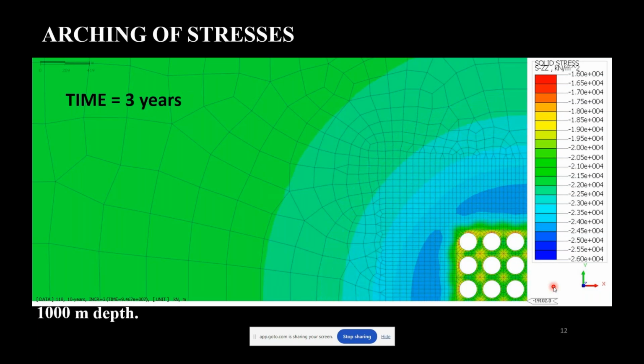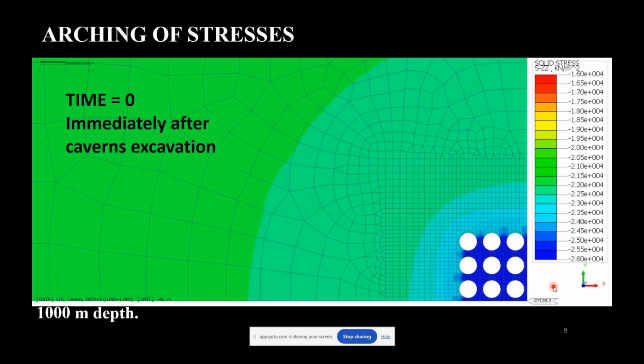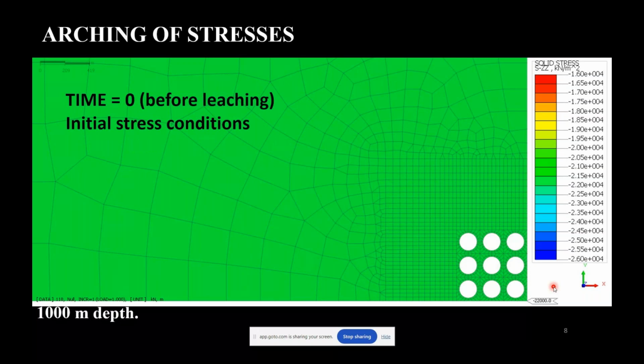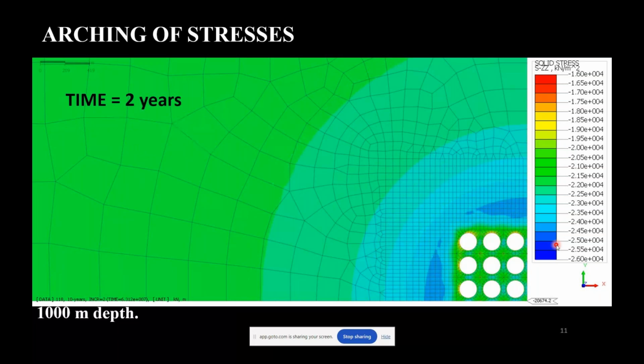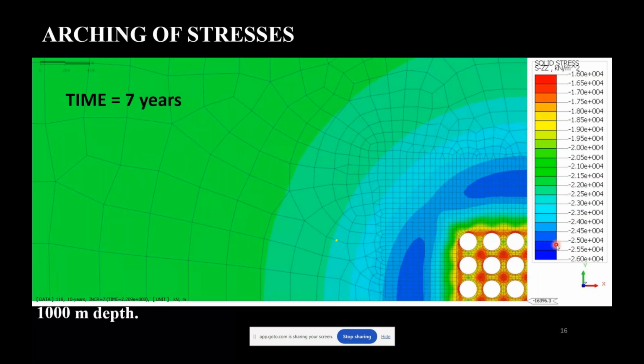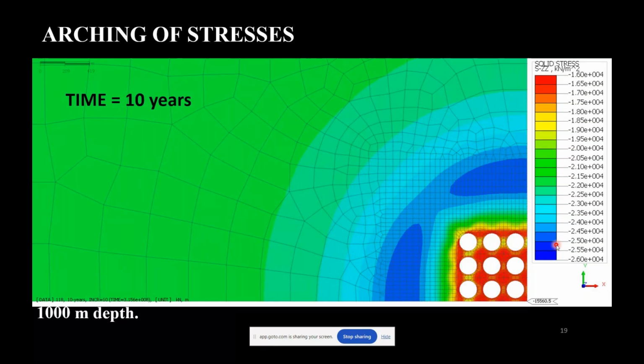I will just show this sequence one more time. First we have a stress increase in the mined area, and then as time passes, the stresses in the mined area reduce, and the stresses in the unmined area increase.